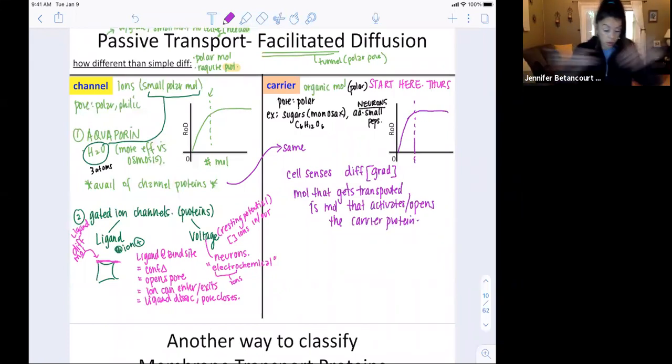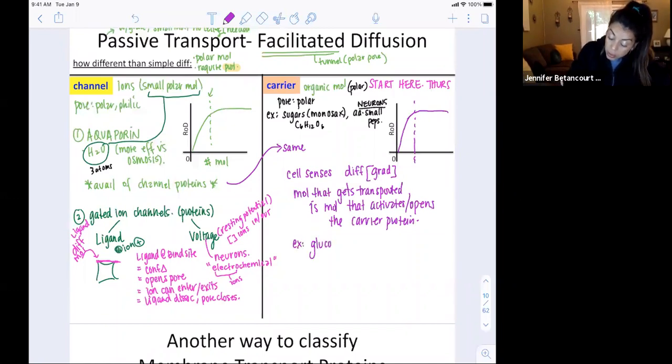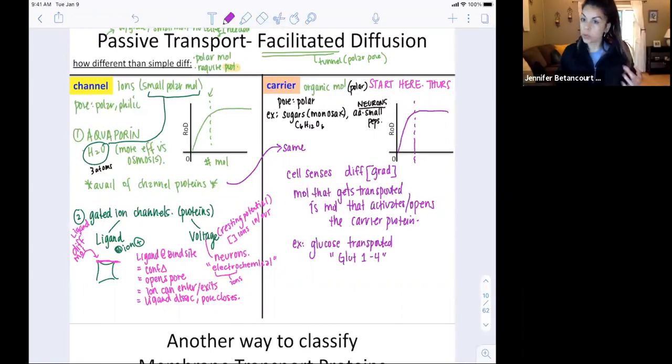Okay, so like I said, the example that we can think about is glucose. So glucose does use carrier proteins, and so glucose does get transported via these carrier proteins called GLUT carriers. And so it's a family of proteins, and there's 4 of them. So it's GLUT1, GLUT2, GLUT3, and GLUT4.